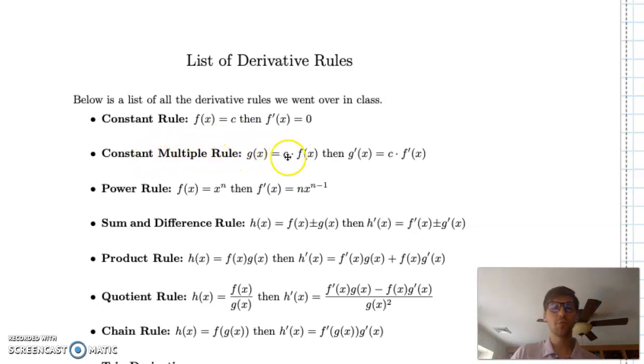Constant multiple rule. So if you have a constant being multiplied by a function, that's the same as just taking the derivative of the function and multiplying, which we've done a bit in the power rule. We're just multiplying by the coefficient.